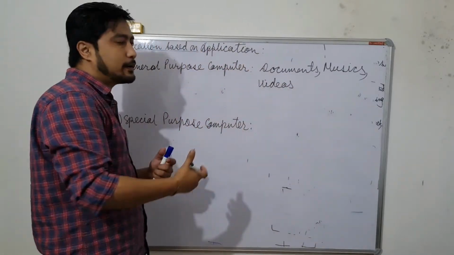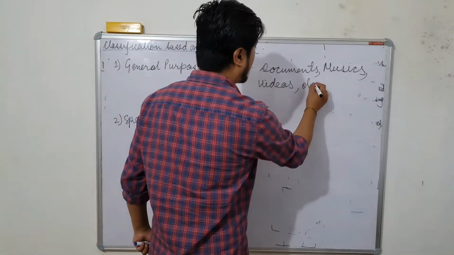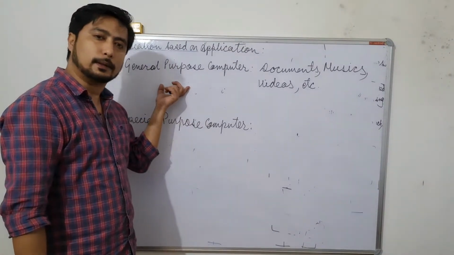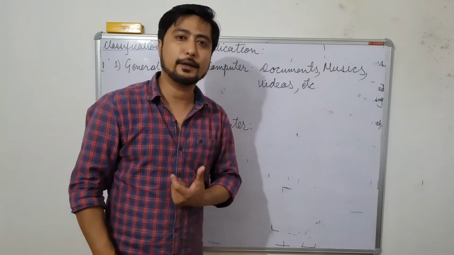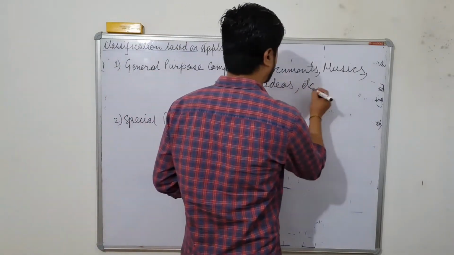So the computer which is used for all these small tasks or small jobs is known as the general purpose computer. And what are these general purpose computers? The computer that we use at our home is known as general purpose computer.